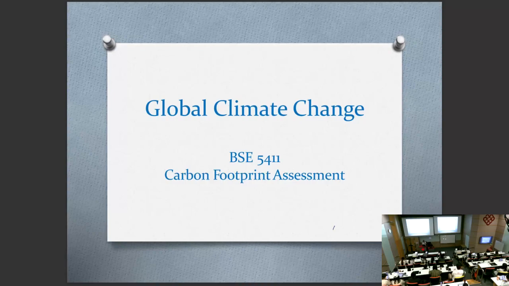So you see the recent definition of sustainable development would have three pillars, three most important elements: environment, social, and economic development. These are the three most important parameters for sustainable development.